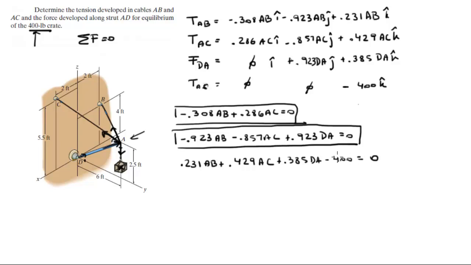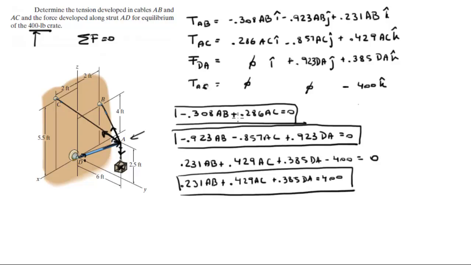I can just pass the 400 to the other side, make it a little simpler: 0.231 AB plus 0.429 AC plus 0.385 dA is equal to 400. So as you can see, we have 3 equations and 3 variables, so this system can easily be solved.